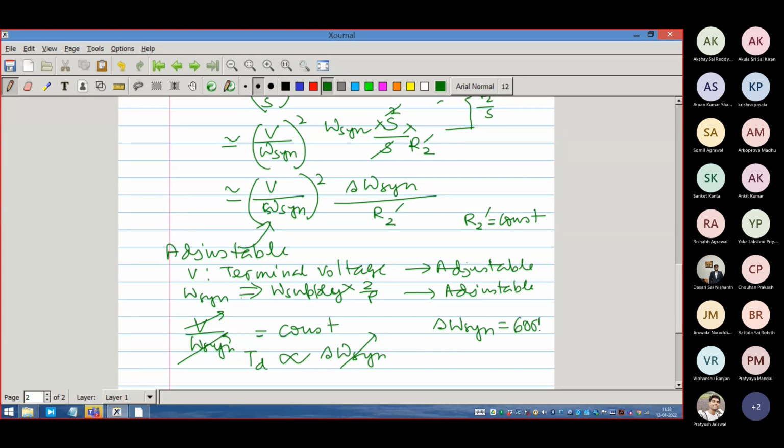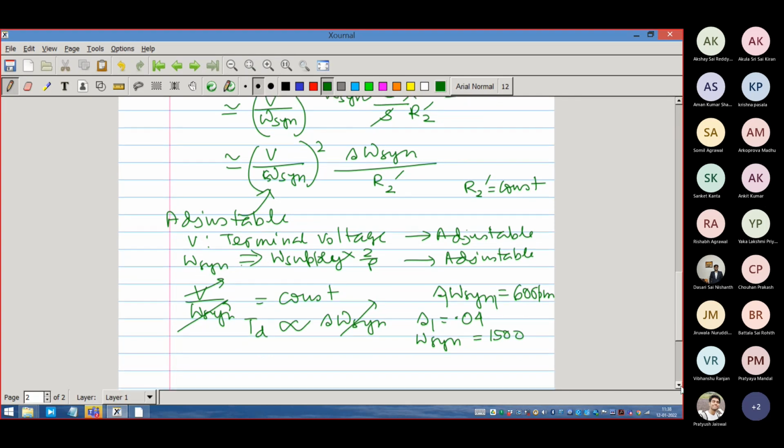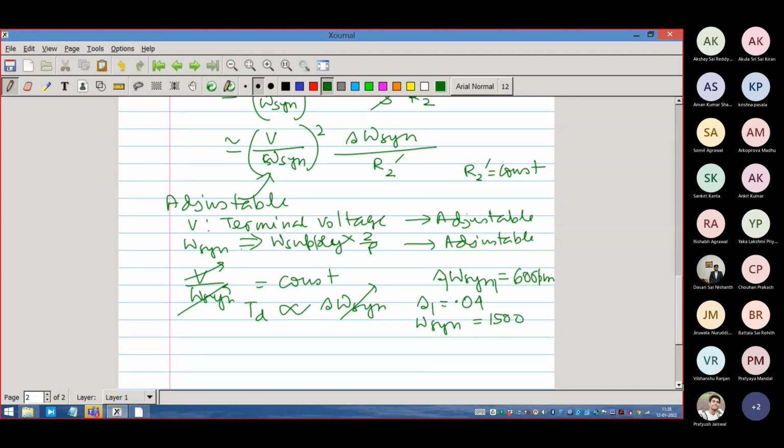60 RPM, right? Let us say you have made a new omega sin. So initially it was S1 omega sin 1 equal to 60 RPM, where S1 is equal to 0.04 and omega sin 1 corresponds to 1500. Let us say the previous example. Now I need to operate the mechanical system at 750 RPM or somewhat close to that.